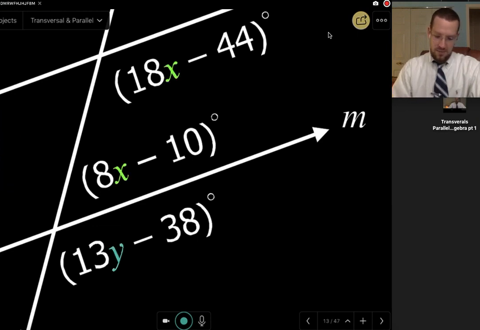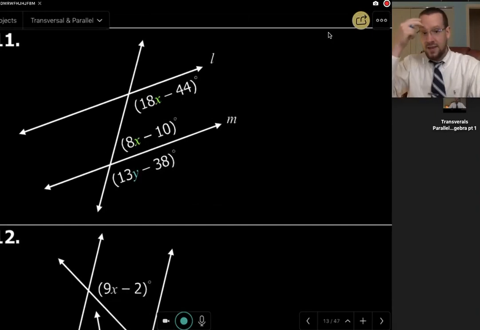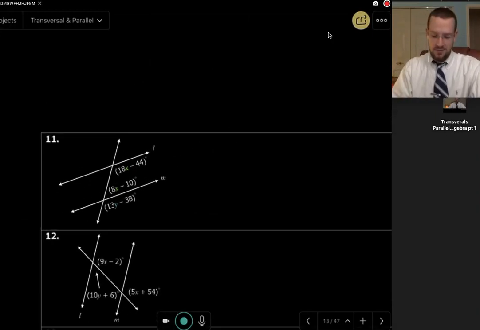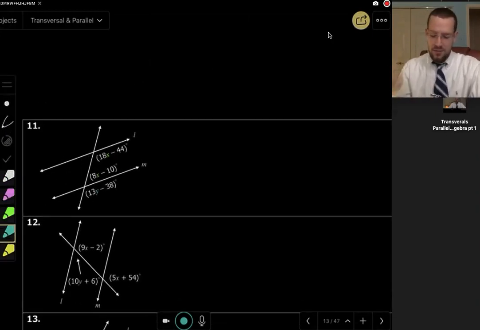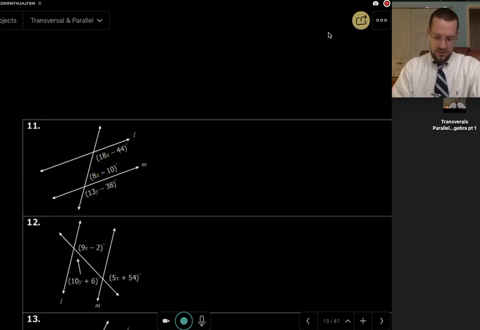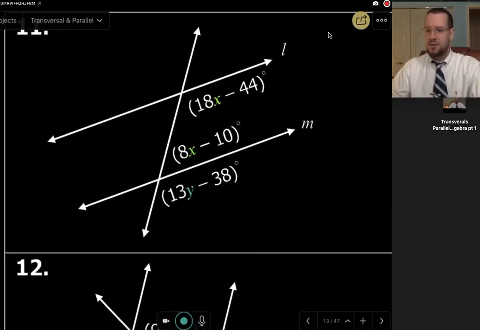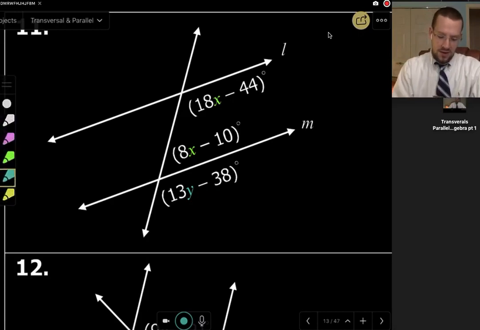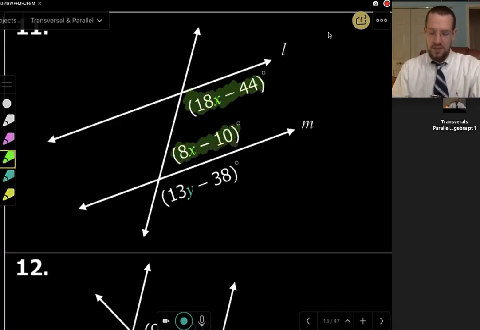If you remember from the past, I said that what we want to do is first look for an equation to set up with the quantities that have the same variables. And so here, these two quantities have the same variables. They both have x as their variable. And so I want to set up an equation for x.